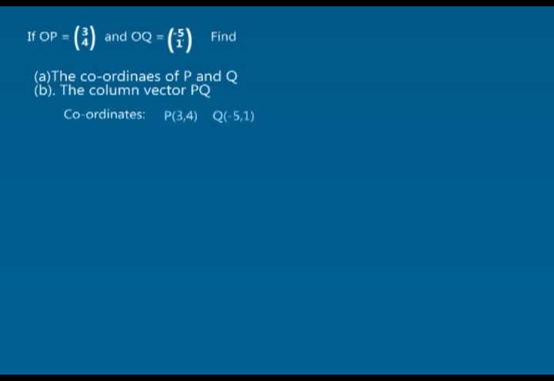P is (3, 4) and Q is (-5, 1). B, column vector PQ. Now PQ is equal to OQ minus OP, or simply Q minus P, (-5, 1) minus (3, 4). That gives us -5 minus 3 is equal to -8. 1 minus 4 is equal to -3.